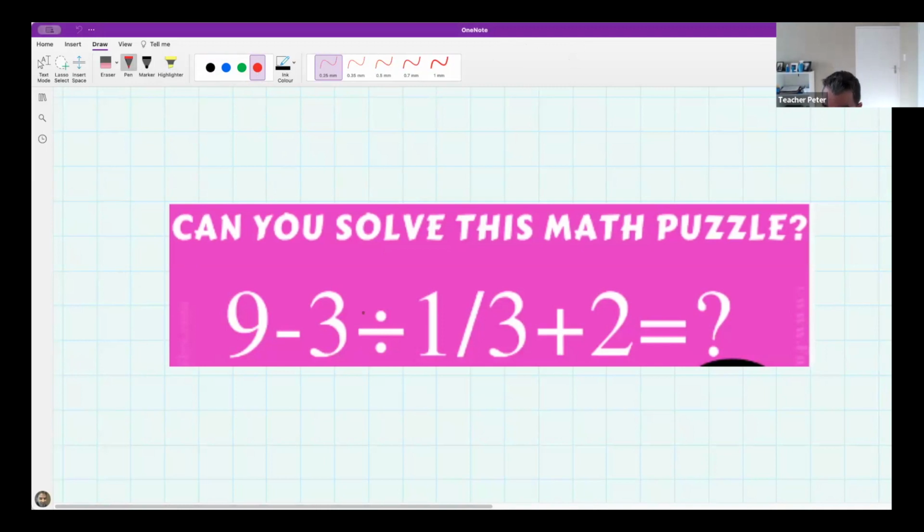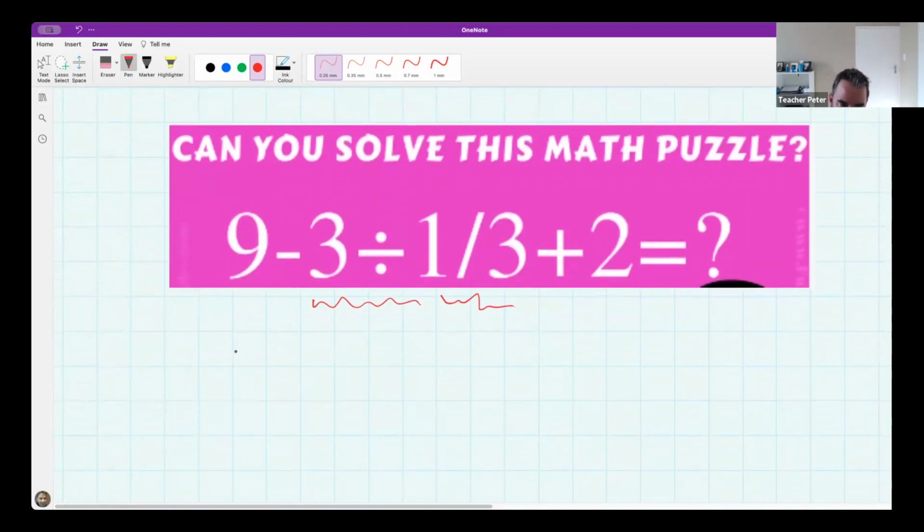Well, I remember that division is kind of a big deal compared to subtraction. But wait, that's also a division over here. Okay, what I would do is rewrite this as 9 minus 3 divided by 1/3 plus 2.